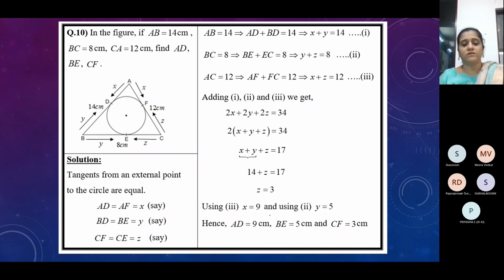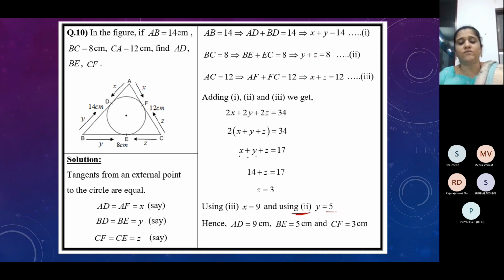Then once you get z, put z here, and you'll get y. And when you put z here, you'll get x. That's what I've written, using 3. Using 3, x is equal to 9. When you use 3 and substitute z is 3 here, you will get x.